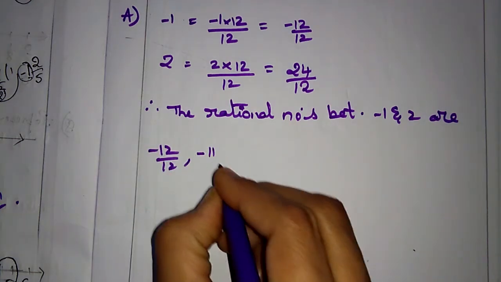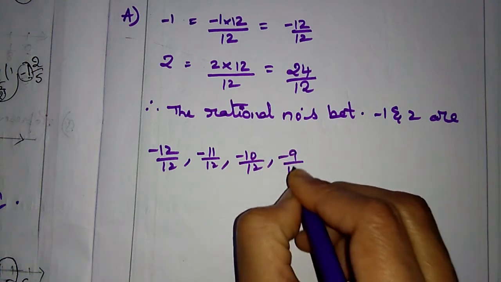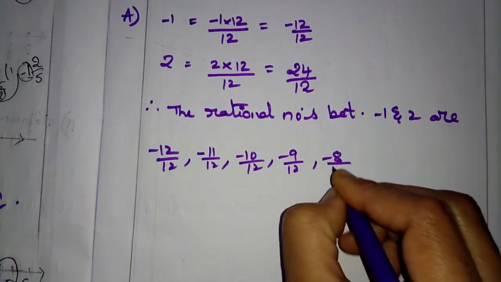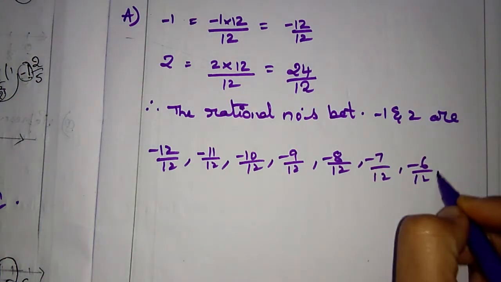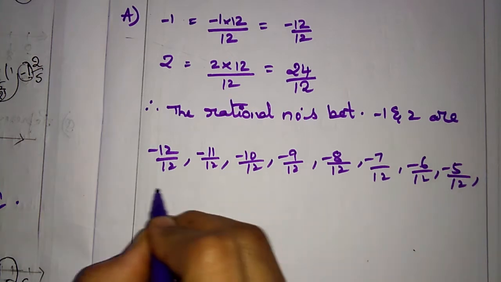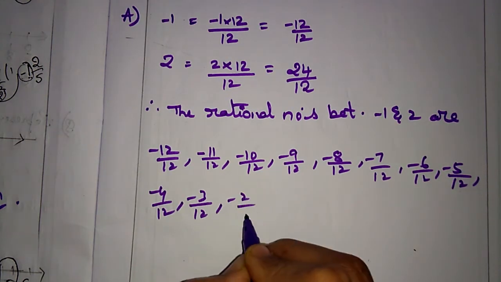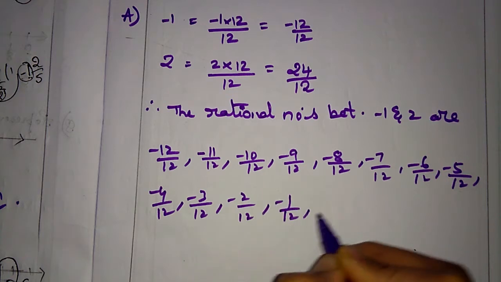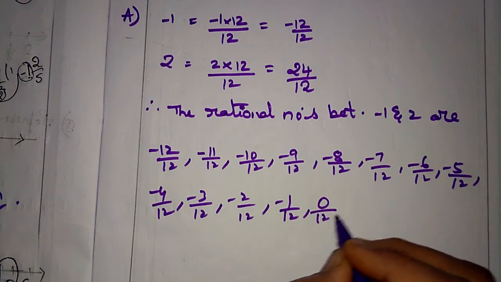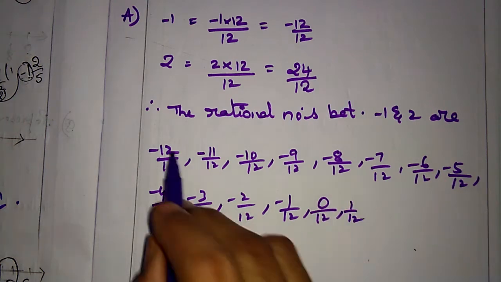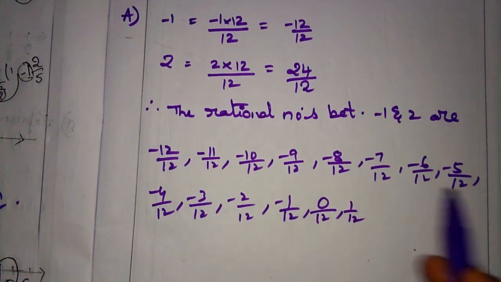Yes, -11 by 12, -10 by 12, -9 by 12, -8 by 12, -7 by 12, -6 by 12, -5 by 12, -4 by 12. Like that, write down, children. After this, yes, 0 by 12, 1 by 12, 2, 3, 4, 5, 6, 7, 8, 9, 10, 11, 12. Here itself you got 12 rational numbers.